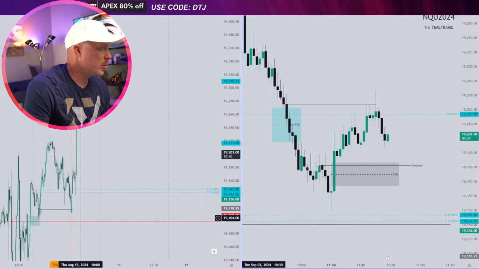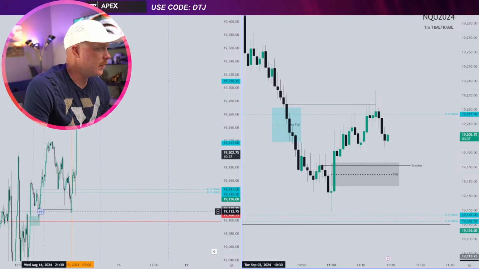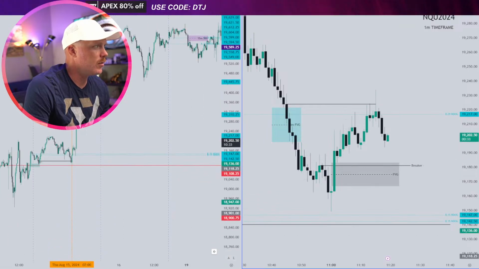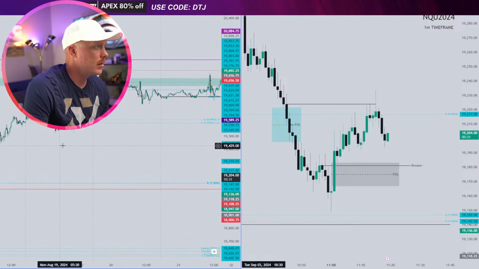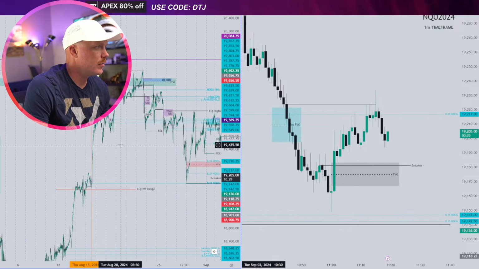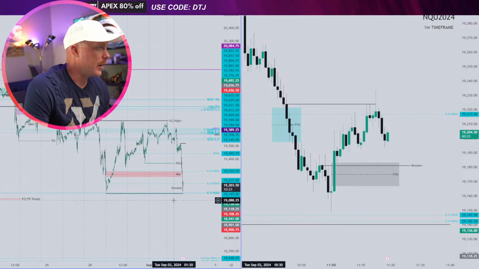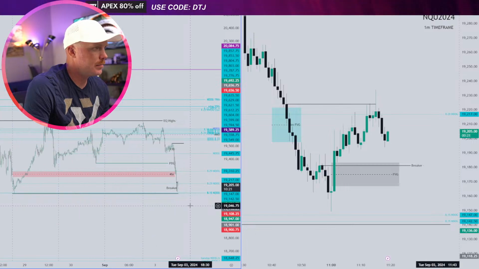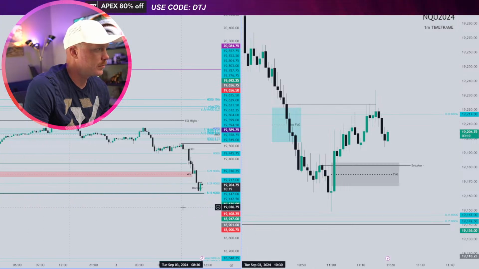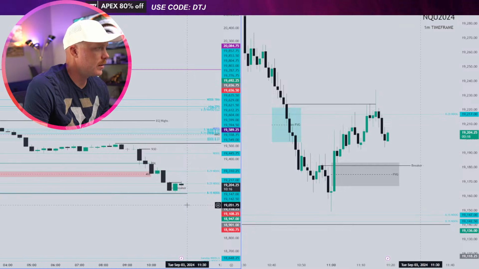I mean, it's hard to want to target these tiny relatively equal lows when you got those giant equal lows above that have been there for a while, but man, quite a drop this morning. Quite the drop.